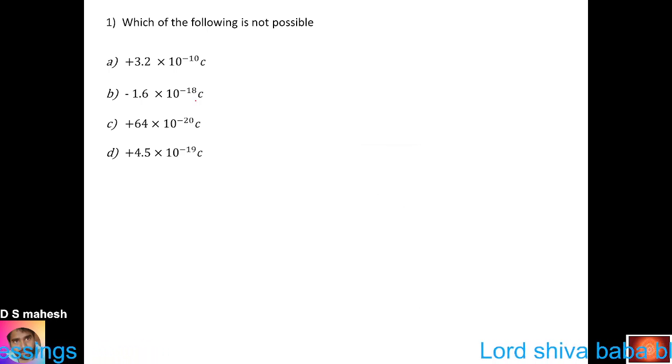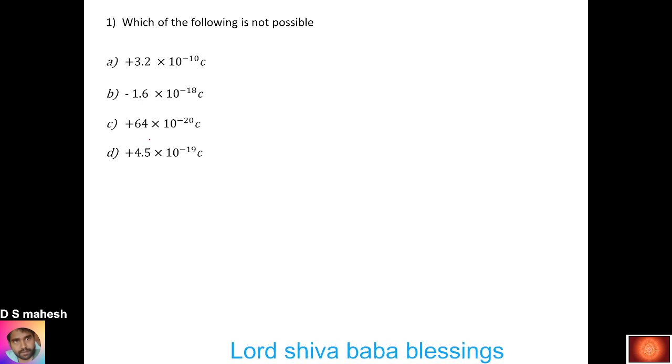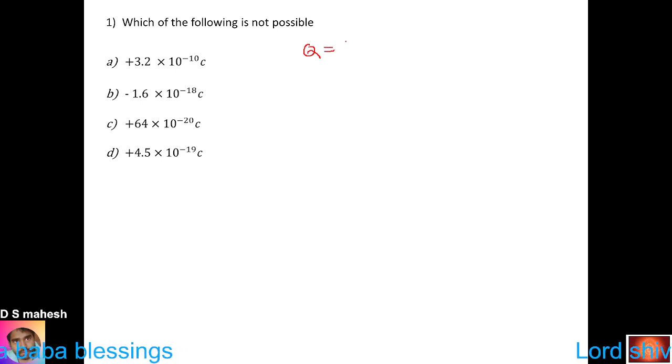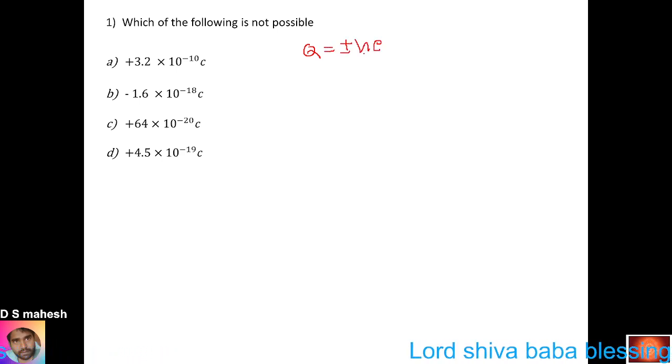Here it is given: which of the following is not possible. It indicates which number of charges cannot be transferred. You already know the equation for charge transfer is Q is equal to plus or minus n into e, where n is the number of charges that can be transferred.